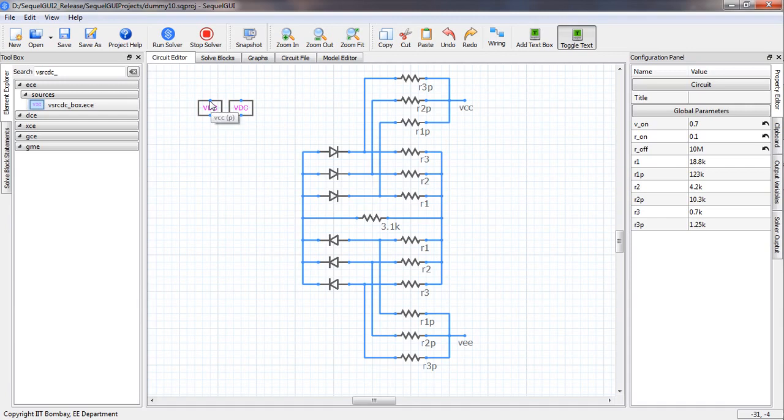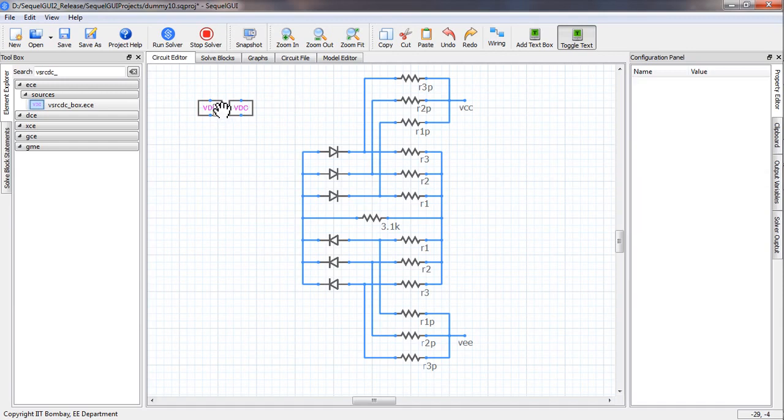So all we need to do is to right click on the concerned node, add node name text box, and the text box comes over there indicating the name of the node. We can move that with the arrow keys, and if we want finer movement, we can use the control and arrow key. So let us do the same for the other nodes.